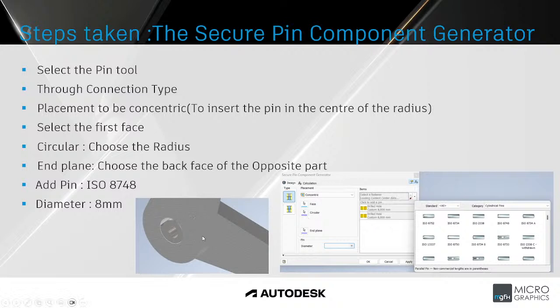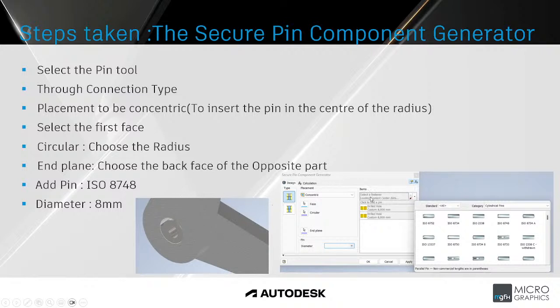Then I chose circular. The reason why I chose concentric is I wanted the pin to be inserted directly in the center of this radius over here. So for circular, you just select that radius. For your end plane, you select the back of your arm of the back part.